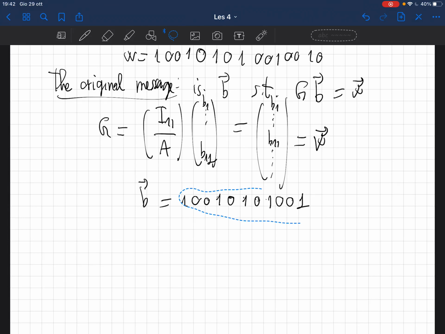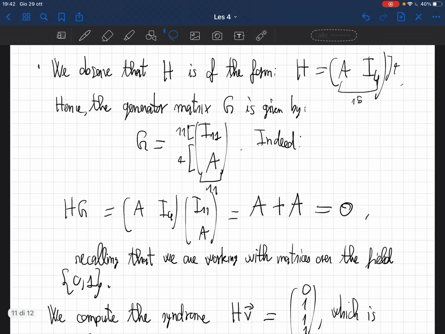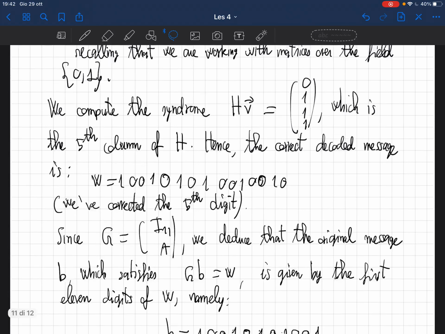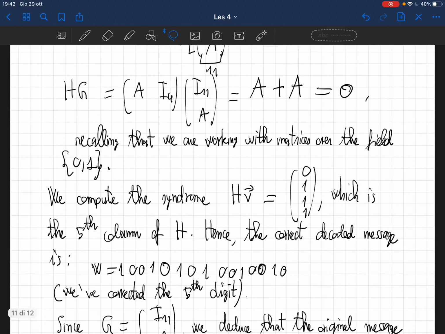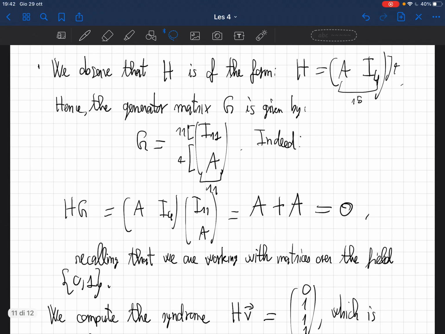So let me just copy. Hopefully there are not mistakes here, but there shouldn't be. In any case, if there are some mistakes here, this is a perfectly nice solution for this kind of exercise. It's very detailed.